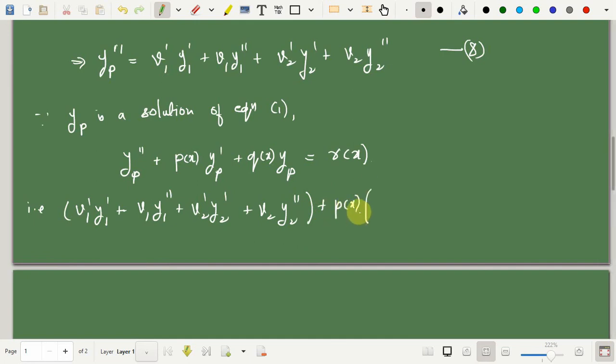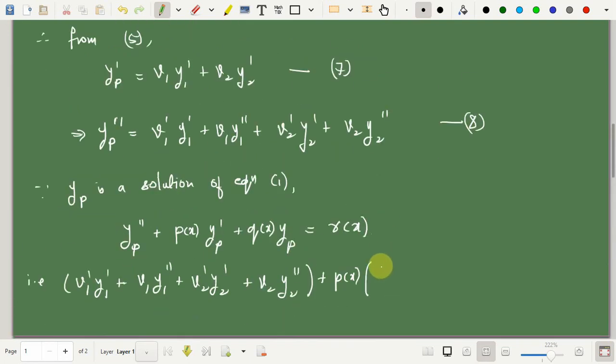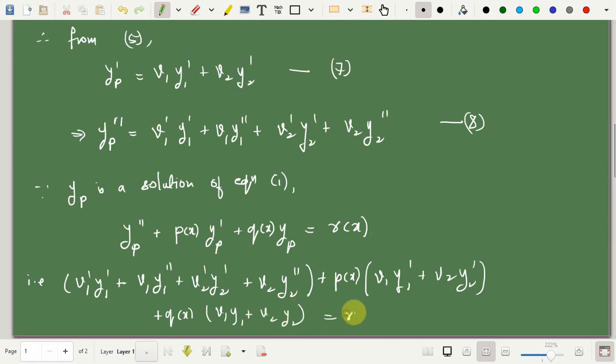So yp prime from here is v1 y1 prime plus v2 y2 prime, plus q of x into yp, and yp is nothing but v1 y1 plus v2 y2, that is now equal to r of x.